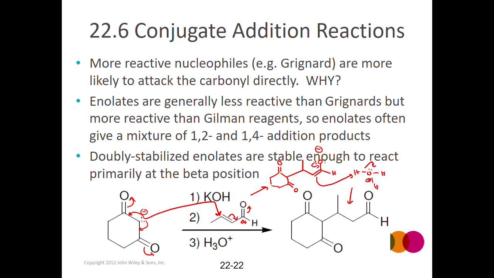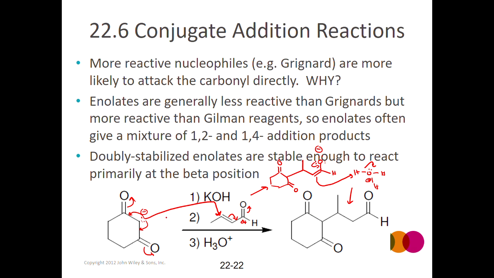So if my enolate is doubly stabilized, I can get a pretty decent yield of a pretty complicated structure. And I'm very quickly building up this carbon skeleton to make it interesting and complex and maybe get it closer to the complicated structure I maybe need to make as a pharmaceutical or some other interesting property that the chemical might have.